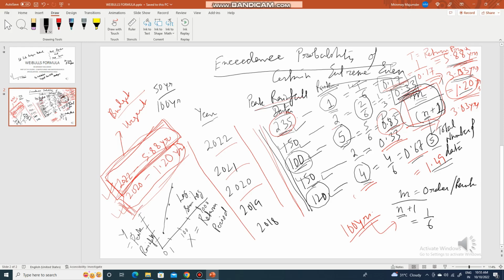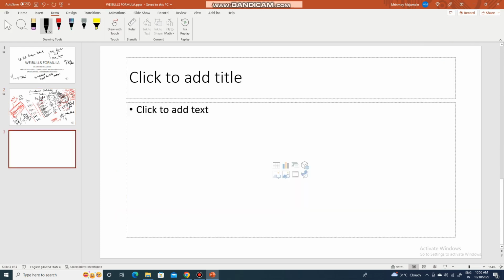Generally what will happen is that in numerical problems, you will be given a total of 10 to 20 number of events.